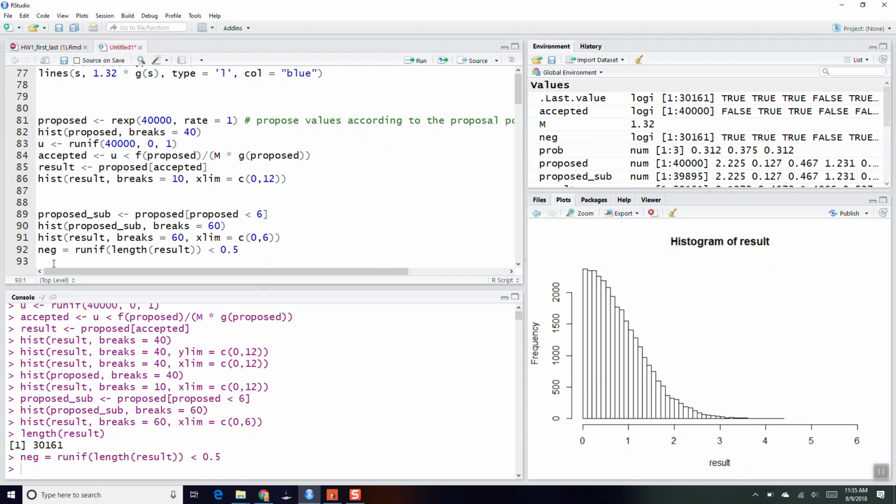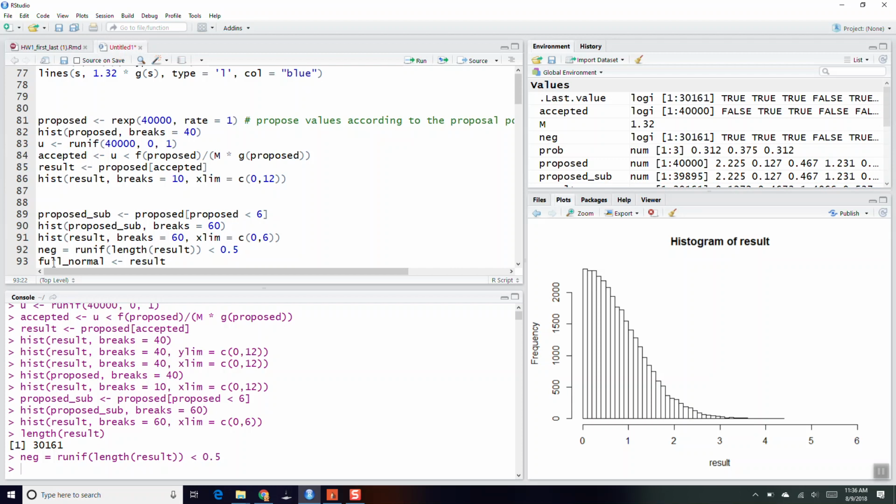And then our full normal distribution, full normal, will be result. So if it's less than 0.5, then it'll be true or false. So negative is a vector of trues and falses.